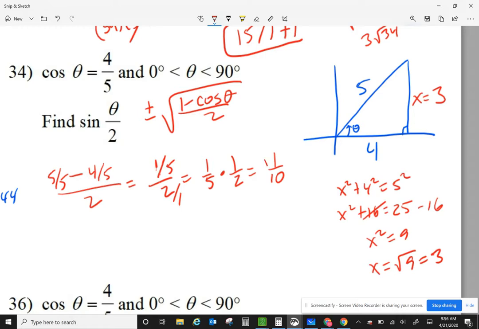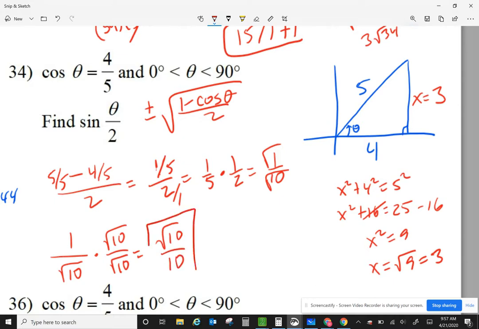I'm really going to do the square root on everything. The square root of 1 is just 1, and the square root of 10 is square root of 10. I cannot have radicals at the bottom, so I'm going to say radical 10 times radical 10. So it gives me radical 10 over 10. And that's it.